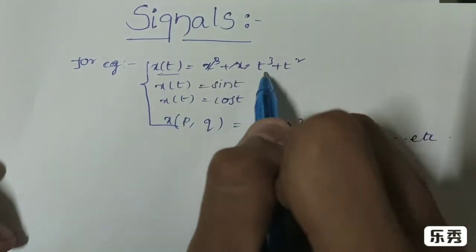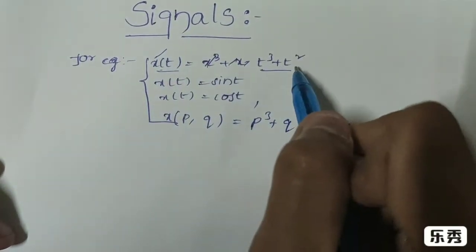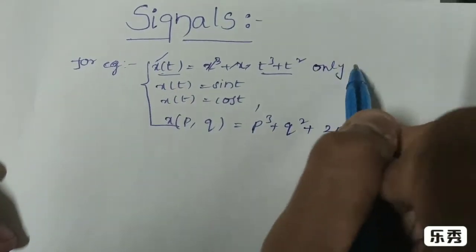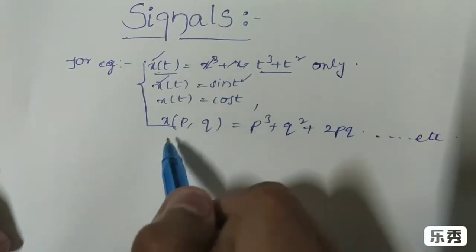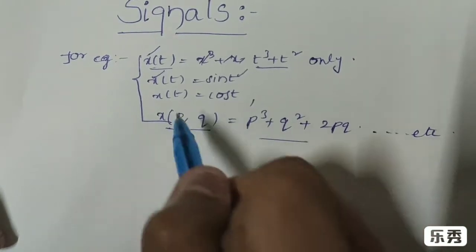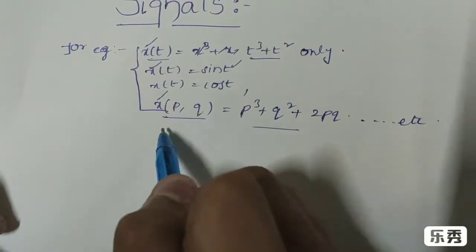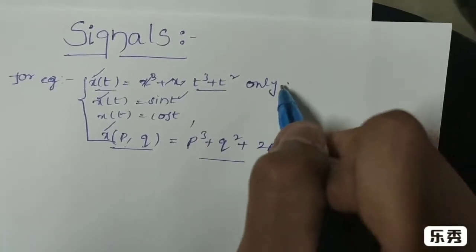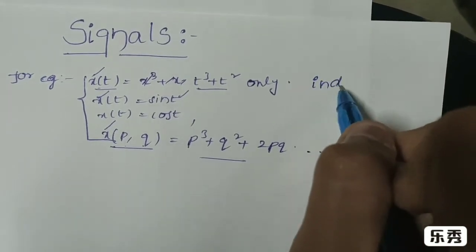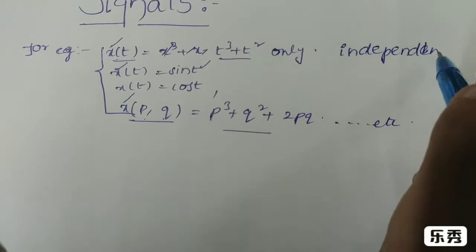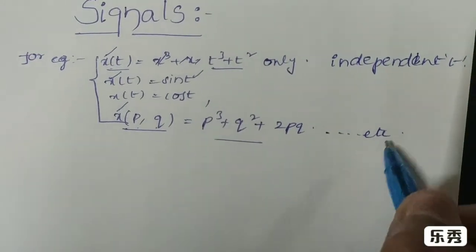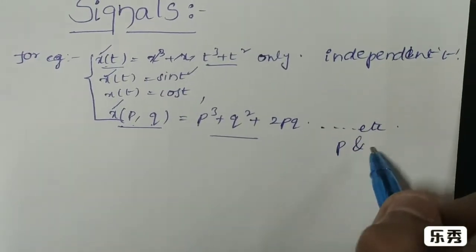In this one we can see that x depends on only t. Here also x depends on only t, but here you can see that x depends on both p and q. So here the independent variable is only t, but here it is p and q.